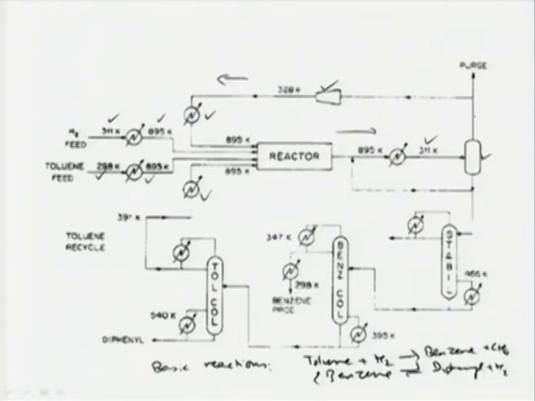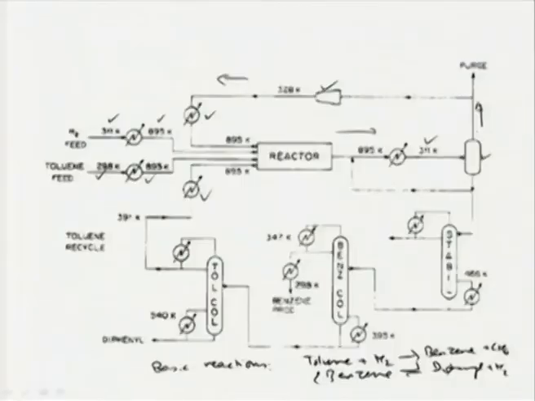In the flash drum, phase split occurs and benzene, toluene and diphenyl, the three components, condense, and then hydrogen and methane are separated. Now that gas emerging from the flash drum also has some vapor of benzene and toluene. Diphenyl having a rather large boiling point, it does not have significant vapor pressure.